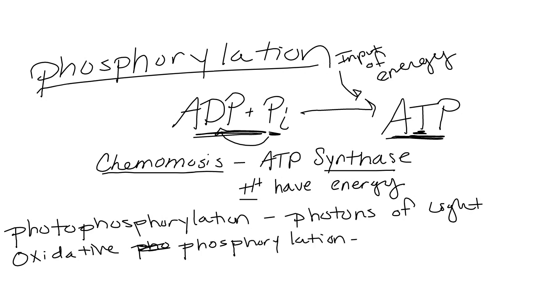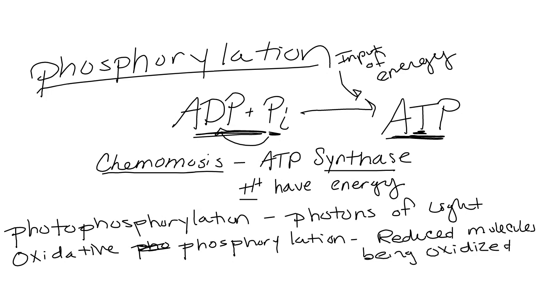And this comes from reduced molecules being oxidized. This happens, right, in cellular respiration. Photophosphorylation is photosynthesis. So what do these have in common?